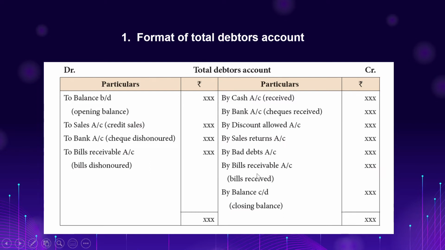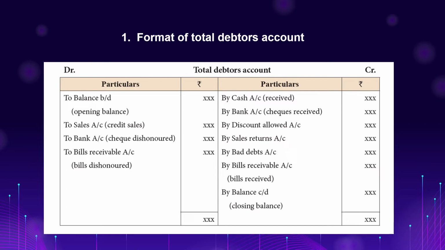And next is sales return. When the goods are returned by the customer, that will also reduce the debtors amount. And bad debts, what is the meaning of bad debts? When the debts are irrecoverable, that is, when bad debts happen, that will also reduce the debtors amount.